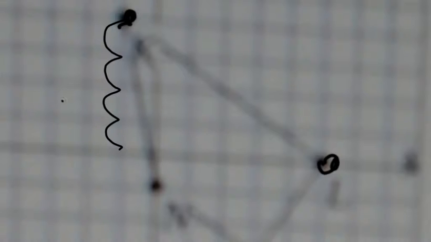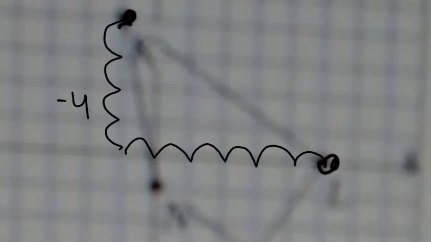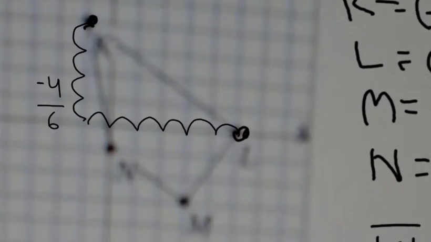So it's down 4, so it's -4. And now we go right the right amount. So it's 1, 2, 3, 4, 5, 6. So it's down 4 over 6. So now we can write that down for KL.